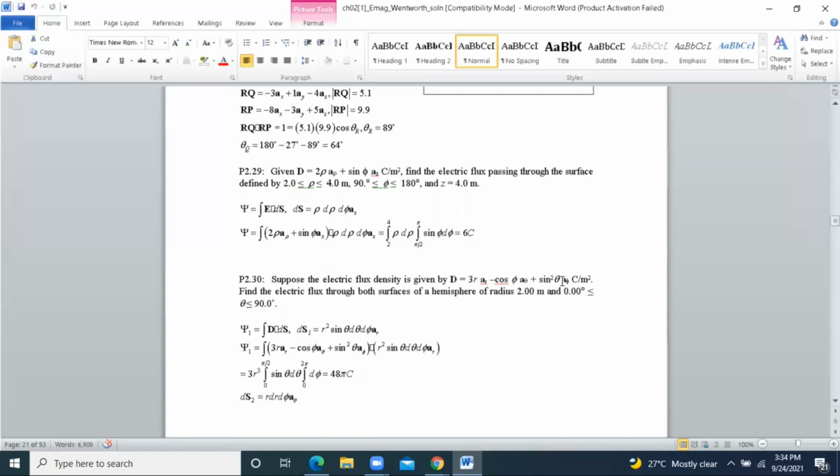So this is pretty much similar to the one above, except we are dealing with spherical coordinates.